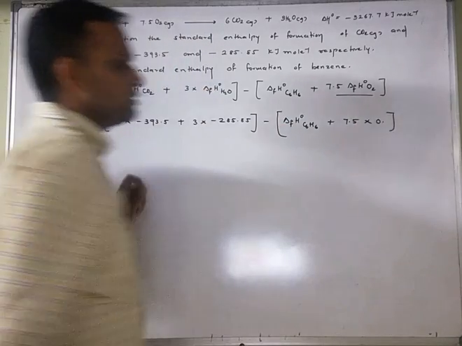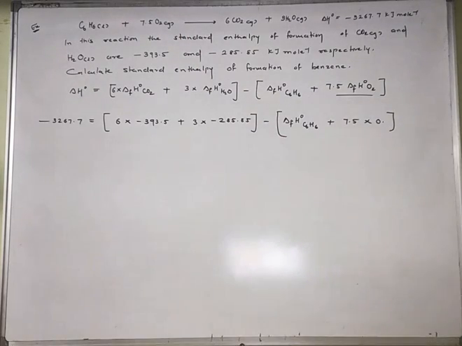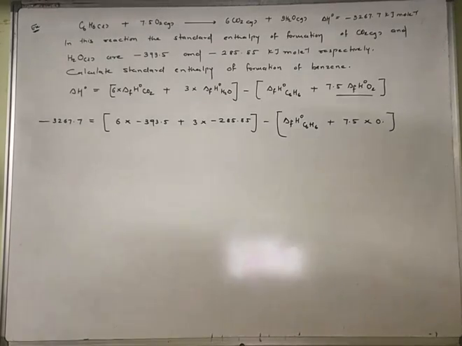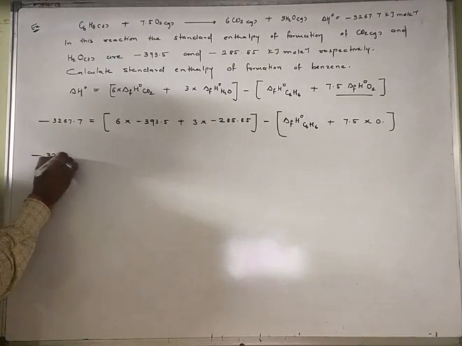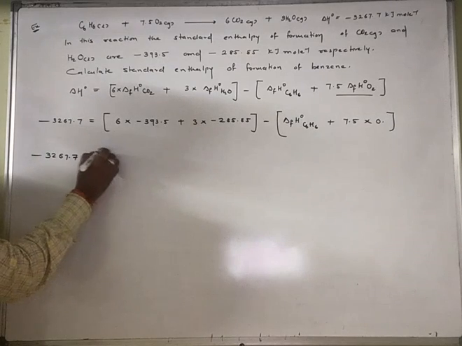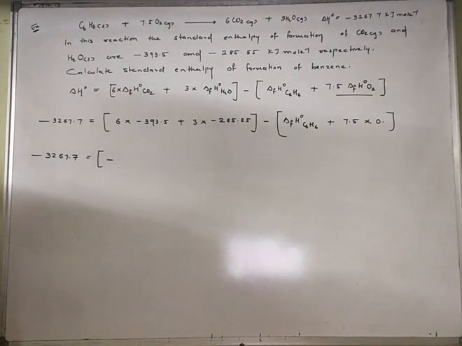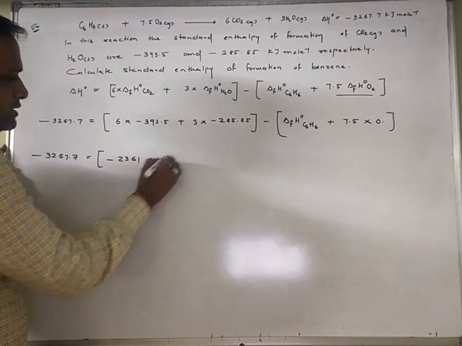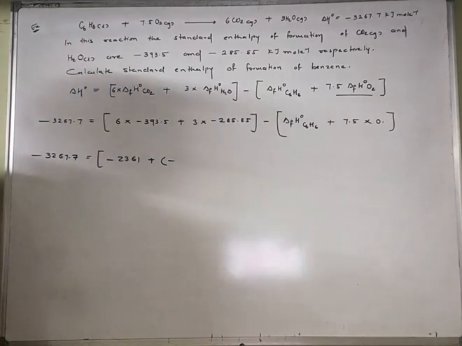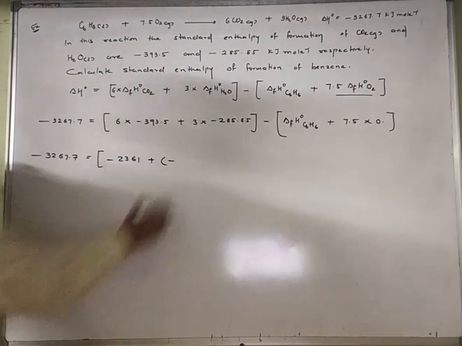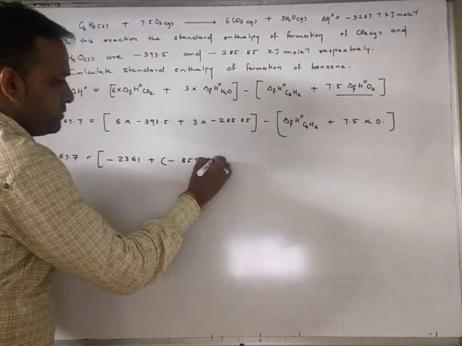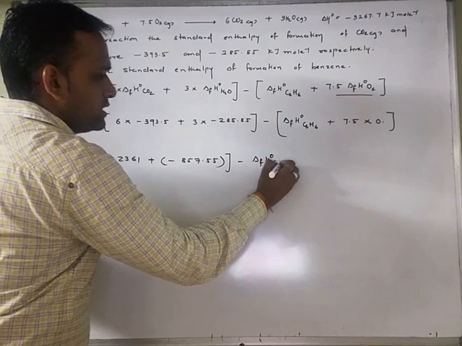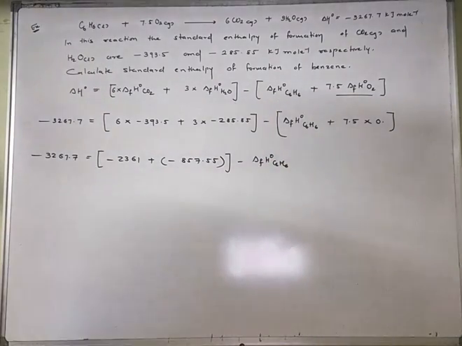So delta FH0 C6H6 plus 7.5 into 0. Understand or not? Right? Now calculate करो, इसका आंसर आएगा. Minus 3267.7 equals to इसका मल्टीप्लीकेशन करो तो 2361 प्लस माइनस इसका मल्टीप्लीकेशन 857.55 minus delta FH0 C6H6. Understand? Okay.